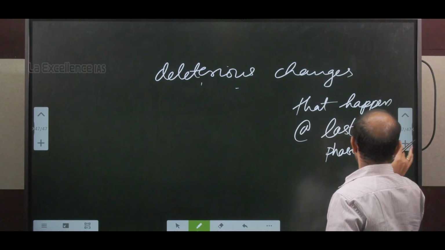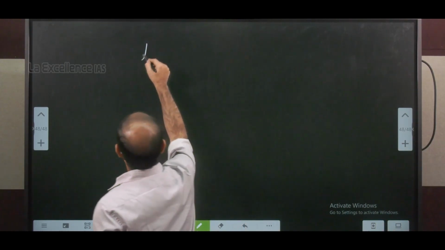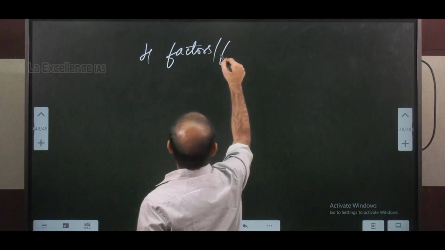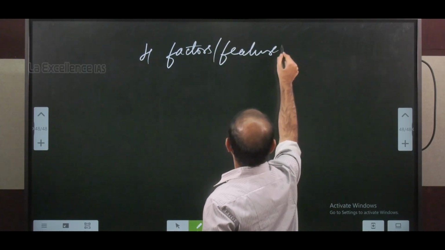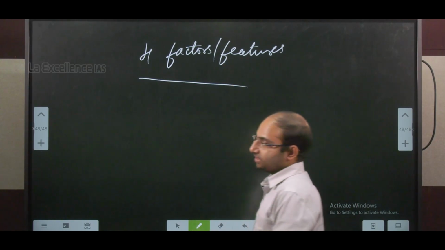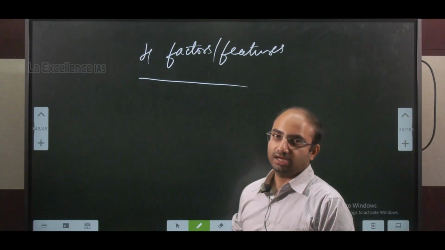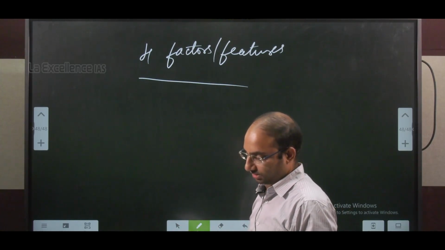That is senescence. And then discuss the 4 features of senescence. That is, senescence is compulsory, senescence changes are deleterious, they lead to progressive decline in health, and they are inescapable. That is senescence.